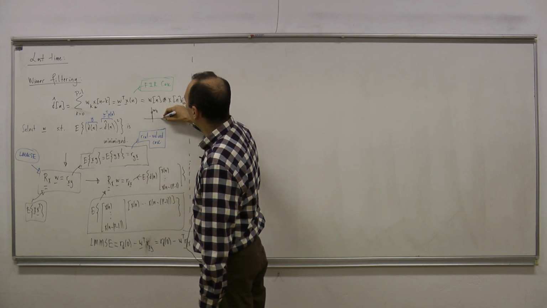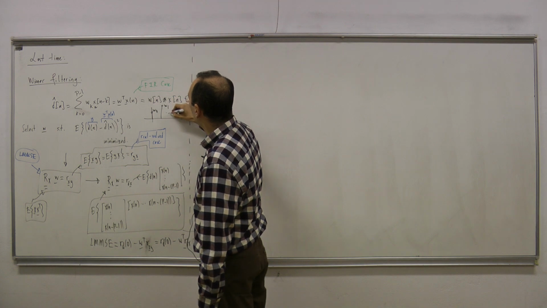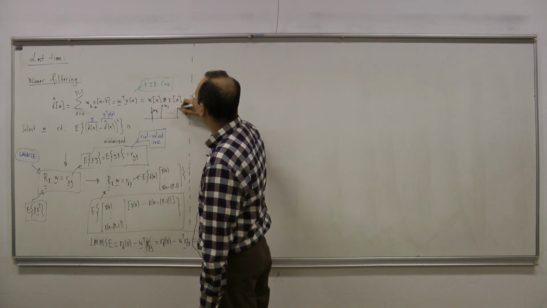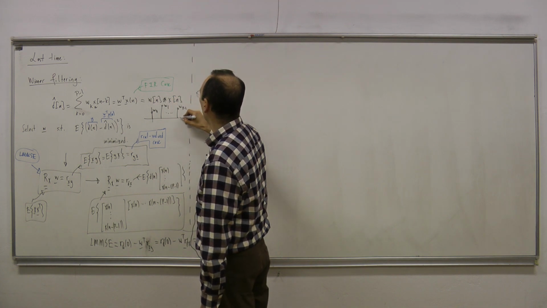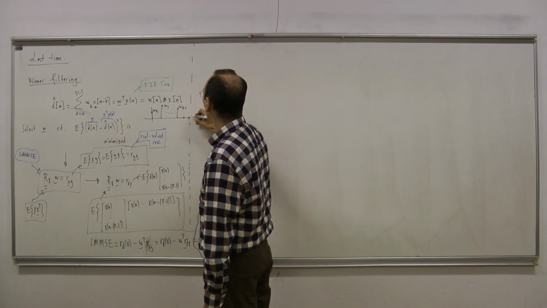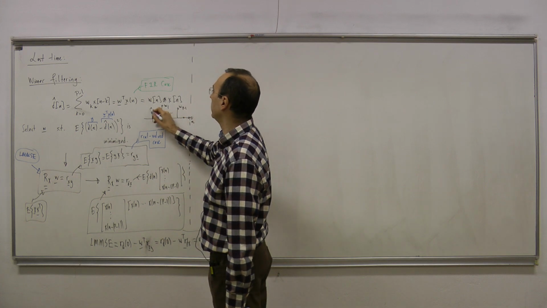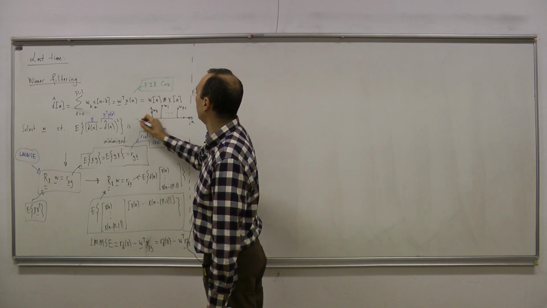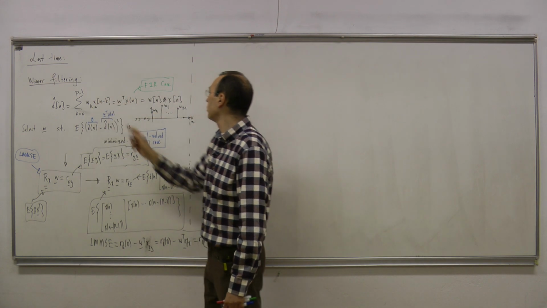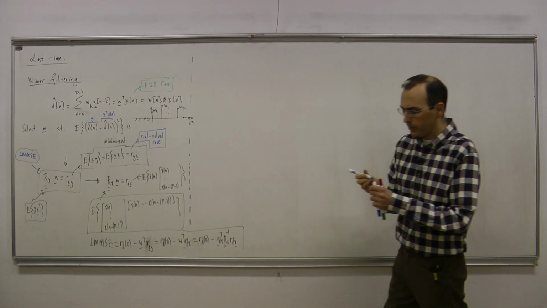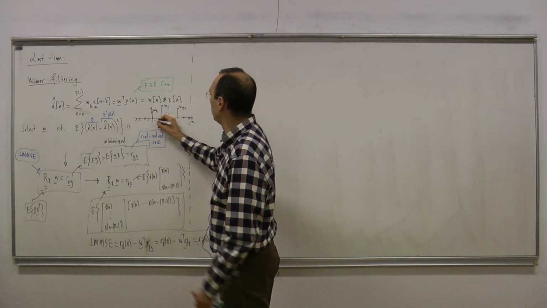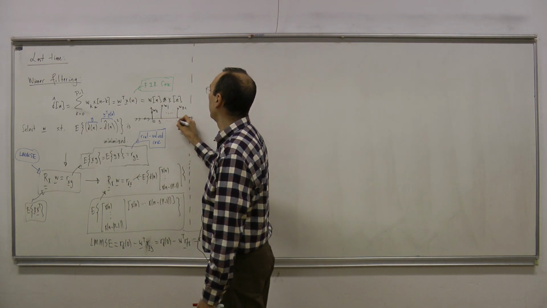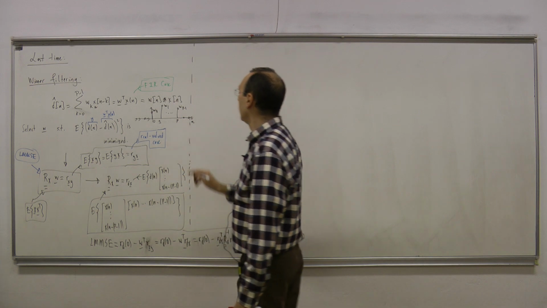Here W of n is a FIR filter. So this is, let's say, W0, W1, going up to WP minus 1, and the rest is all 0. This is n, and before it is 0. So this is the convolution relation for a p-tap FIR filter, with taps 0, 1, dots up to p minus 1.